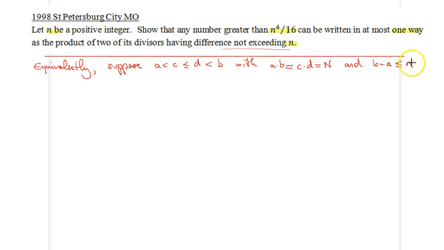In this case, if b minus a is less than or equal to n, it would suggest that d minus c is also less than or equal to n. So in this case, first of all, we claim that if this is true, then all I will show is that basically n is strictly less than n to the fourth power over 16.